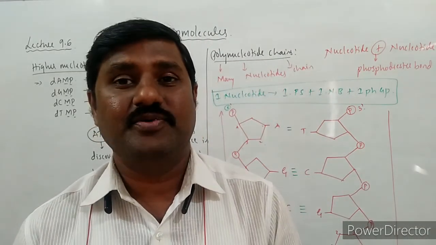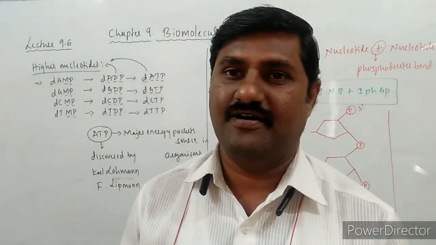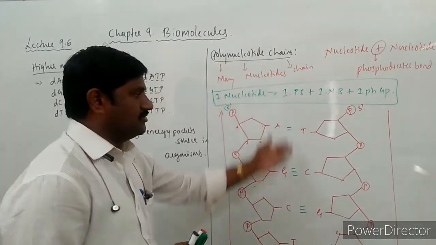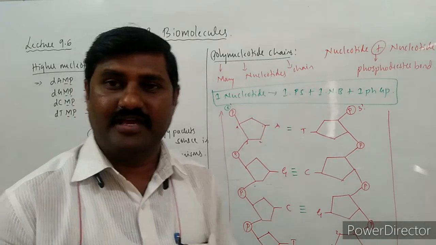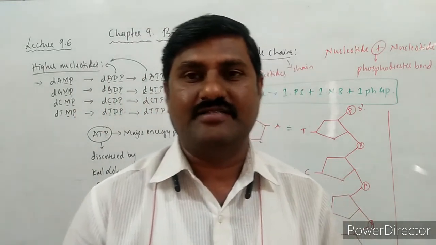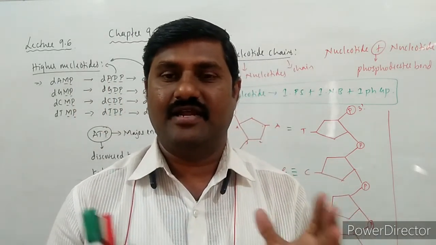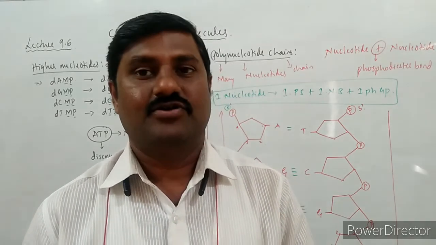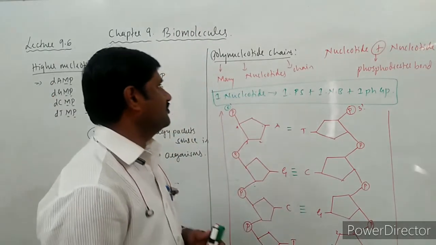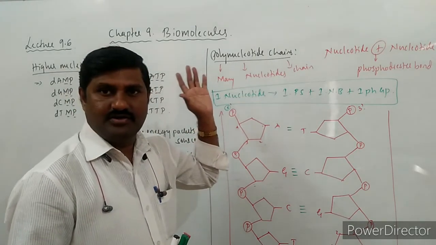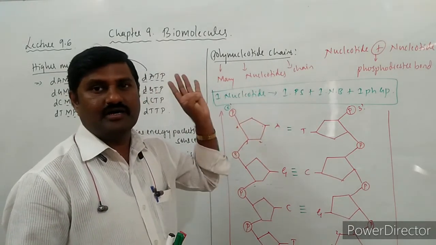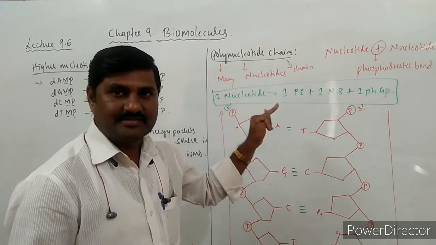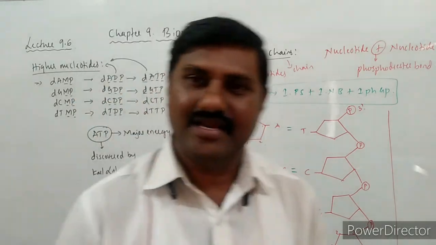So now I hope you have understood the structure of this DNA. So thoroughly I have gone through the ultrastructure of DNA, which was made by Watson and Crick. So the Watson and Crick model of DNA we will discuss now, right? I hope you understood what are nucleosides, what are nucleotides, and what are polynucleotide chains, right?